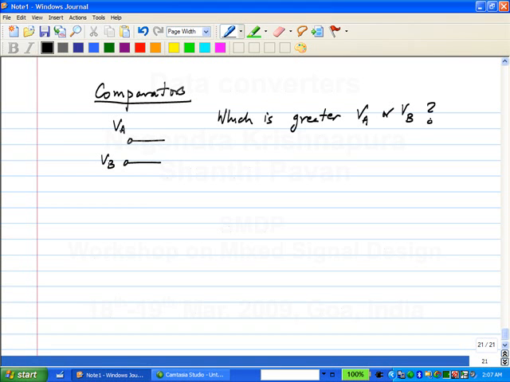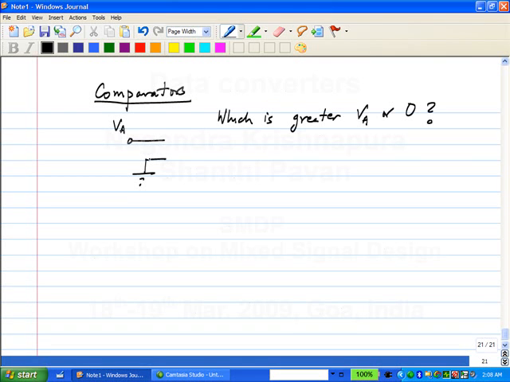First thing we need to do is we definitely need to at some point subtract VB from VA and figure out if that difference is greater than 0 or less than 0. Okay. So then you can start off with a simpler problem. Let's try and figure out if VA is greater than 0 or less than 0, right?